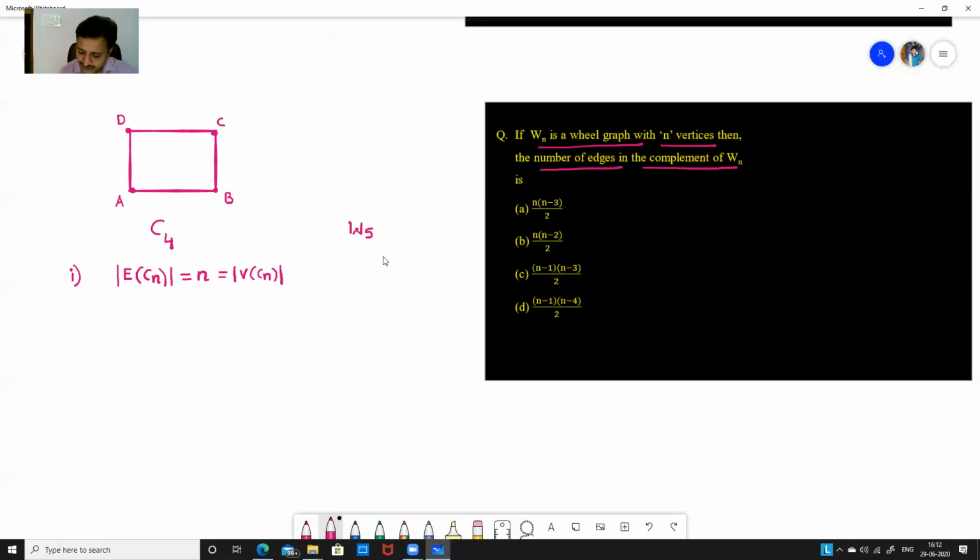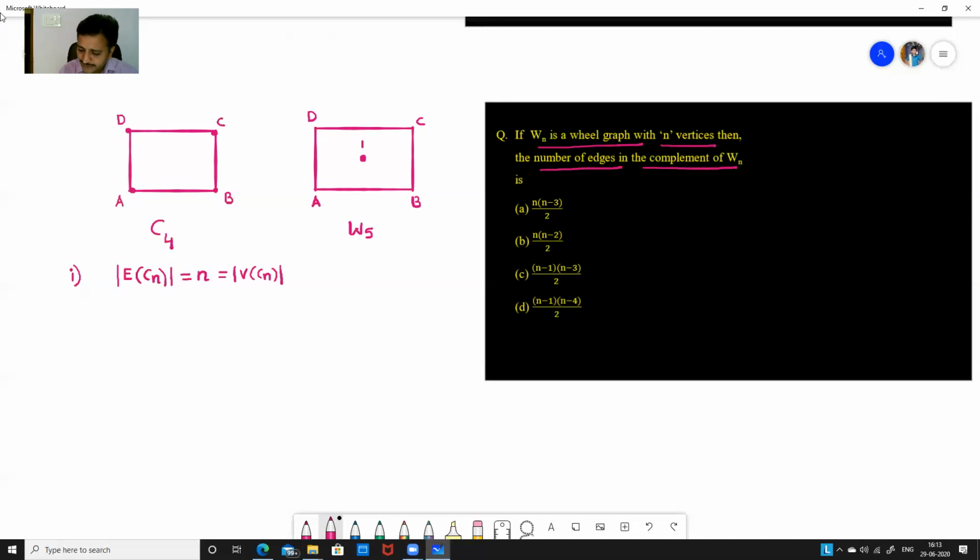Now, how can I construct a wheel graph with 5 vertices? I can take the help of C4, with vertices A, B, C, D. Now I can add one vertex. This newly added vertex is generally called the hub. From the computer network terminology point of view, it is called a hub.